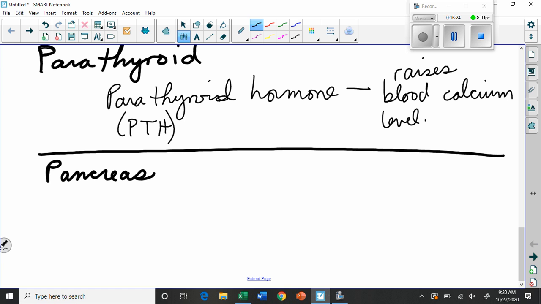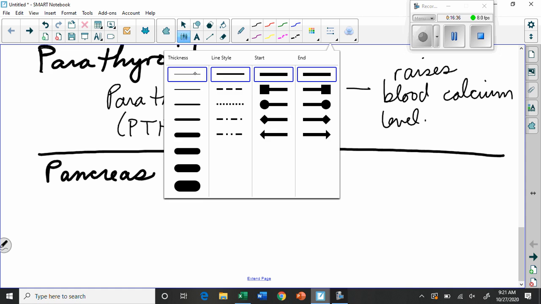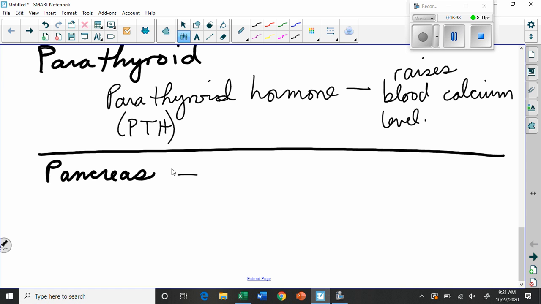But it also secretes another very important hormone called insulin, and that's what we're going to discuss. Insulin is a regulator of blood sugar level. What insulin technically does is it lowers the blood glucose level.